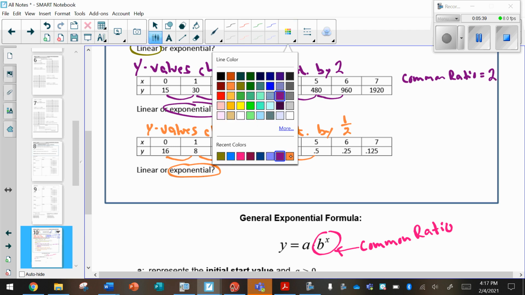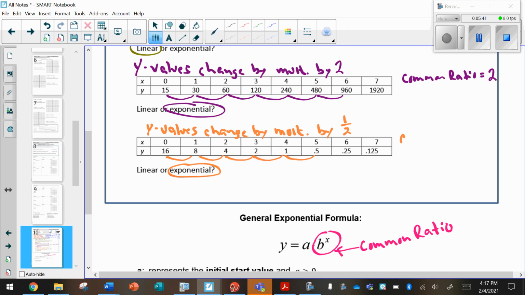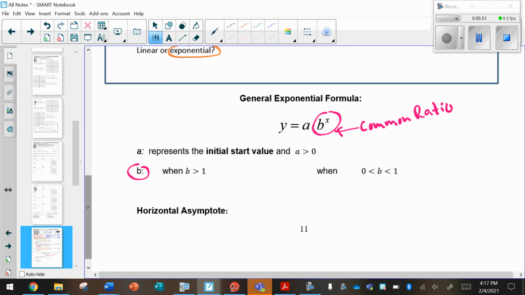In the third example, because the table is decreasing by multiplying by a half, the common ratio is 1/2. The other piece, the a value, represents our initial or starting value. If the graph does not have any vertical or horizontal shifts, that a value is the y-intercept.